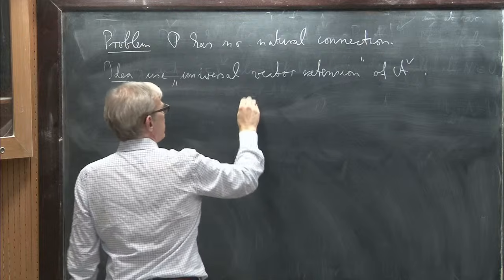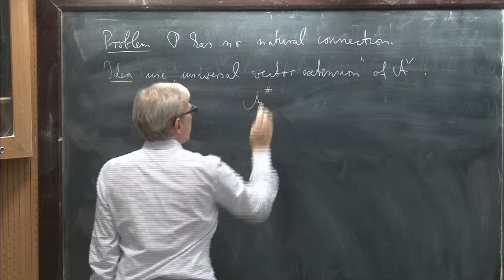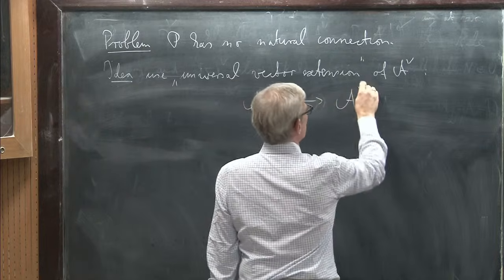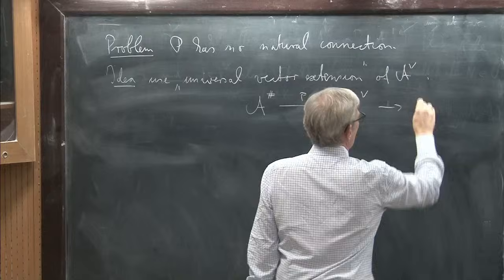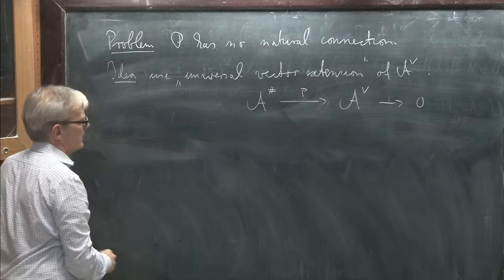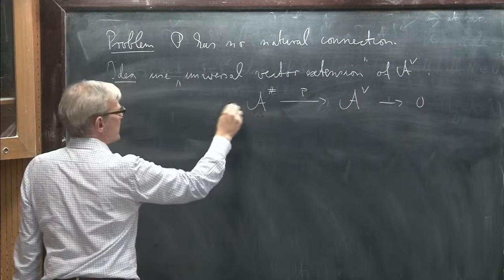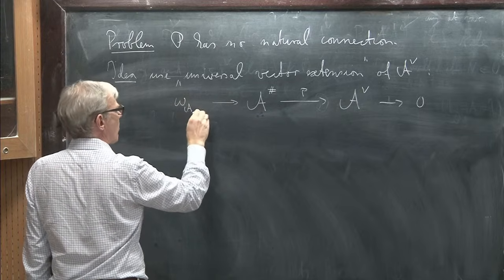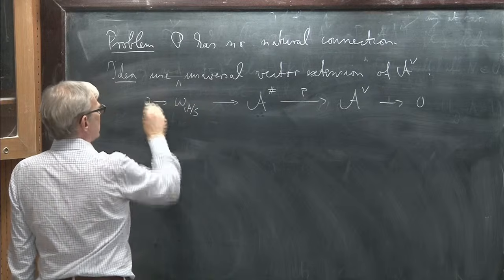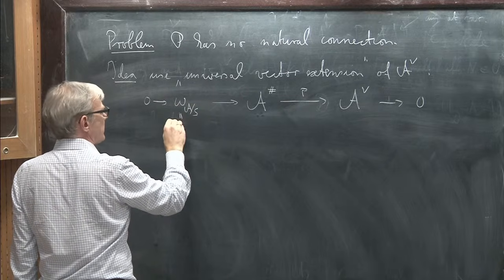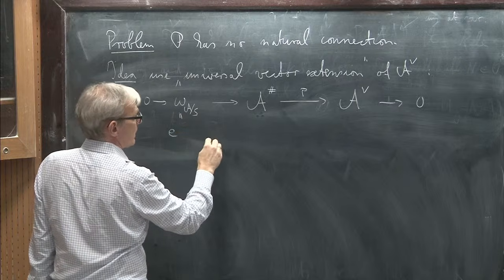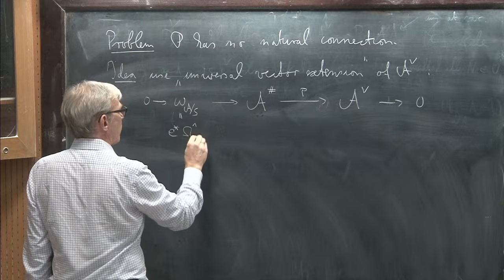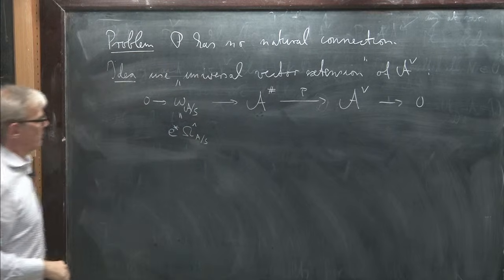This is the following. It is a group scheme, A sharp, which sits over the dual abelian variety in an exact sequence. So this is a surjective map of group schemes, and the kernel is a vector group scheme. The vector group scheme is omega A over S, so this is just E upper star of omega 1 A over S on the base.